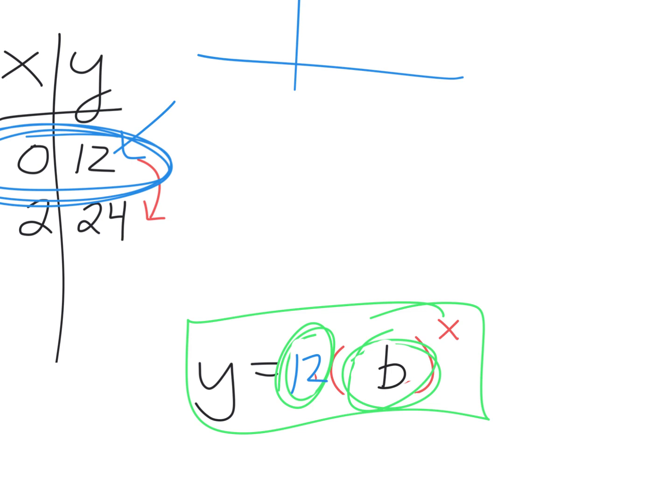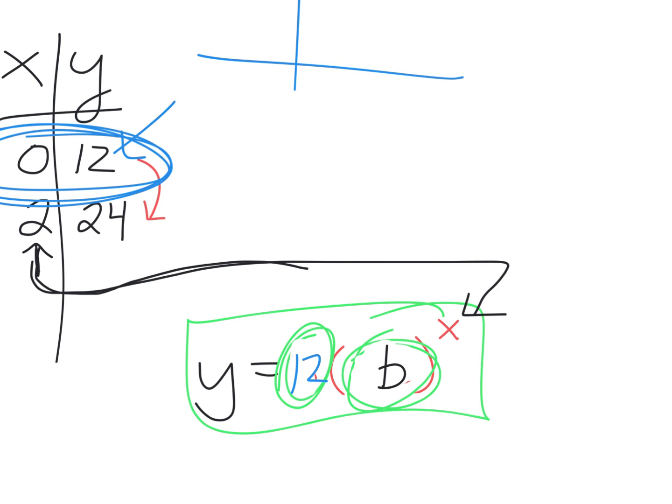And what do you think I should do with them? Take a leap, Ava. Where do you think I should put the 2? Good guess, but no. Otherwise, what would I do with the 24? So put the 2 in where? Where the x is. See, it's an x value, isn't it? And then, go ahead.